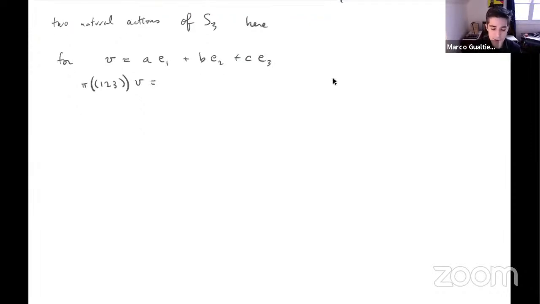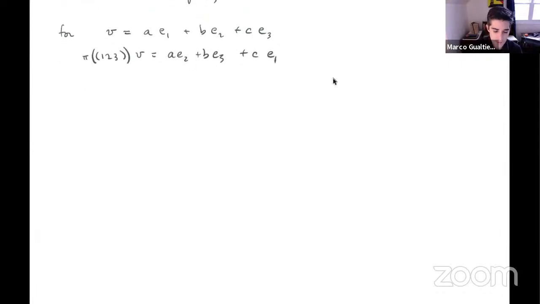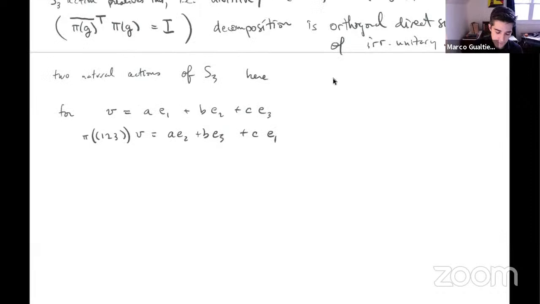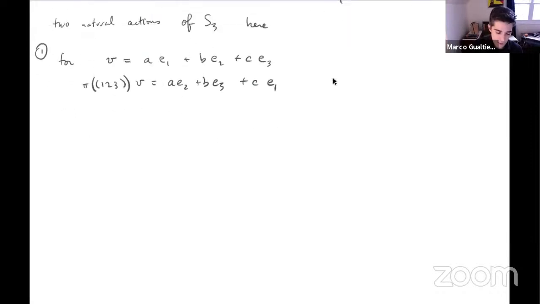In my other class I've been using the same notation, but it has to start with 0, and it's important. Anyway, this transformation is going to act on the set. So 1 is sent to 2, and therefore e1 is sent to e2. And so I'm going to get a e2 plus b e3 plus c e1. In this case, that's what happens.